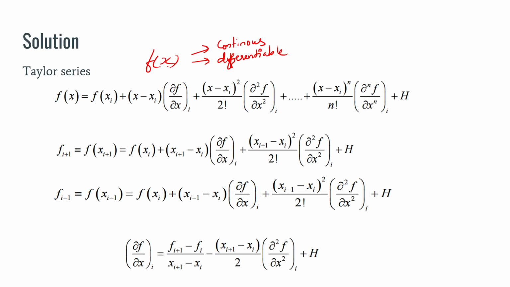Then with Taylor series, f of x can be written in an expanded form as f of xi plus (x minus xi) times ∂f/∂x at i plus (x minus xi) squared by 2 factorial times ∂²f/∂x² at i plus etc., up to the general term (x minus xi) raised to n by n factorial times ∂ⁿf/∂xⁿ at i, plus higher order terms.